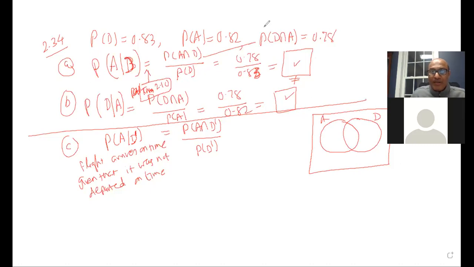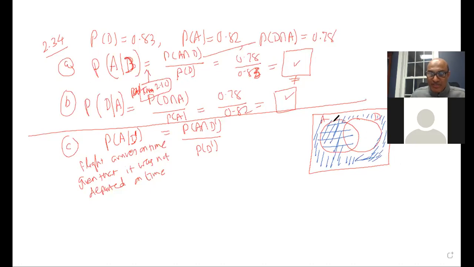Now, suppose I go for event A. Event A is this one. D complement means everything outside D, this one. Not even this one, outside D complement.